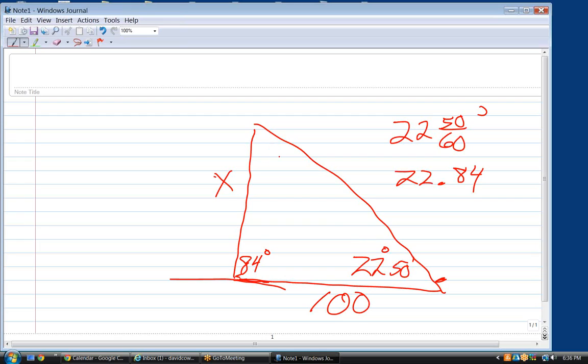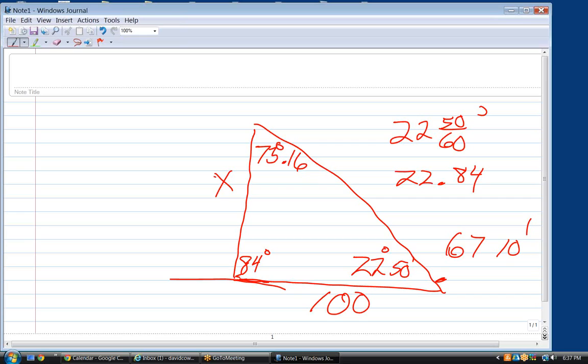So now we need to figure out this angle here. Well, normally that angle would be 67 degrees 10 minutes plus 6 more degrees, because this angle is not a right angle. So this angle has to be 73 degrees and 10 minutes, or 73.16.